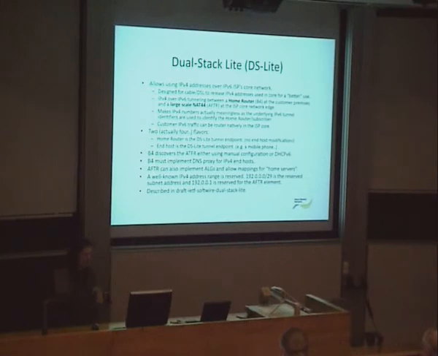And this again, like 6RD, is based on tunneling. So you have your Dual-Stack Lite client in the home router, and then the other end on the edge of your core network is the AFTR, which is basically a Dual-Stack Lite server with a large NAT.